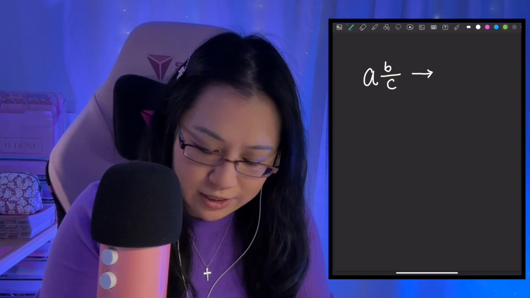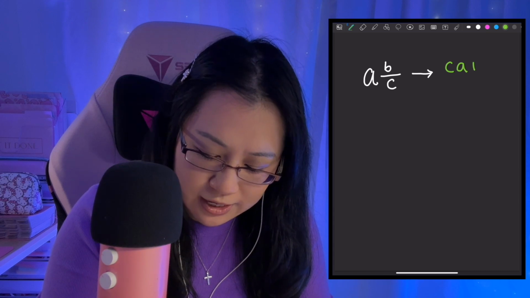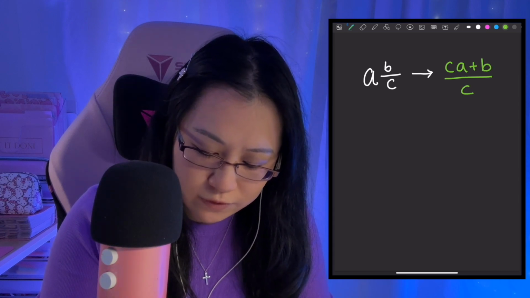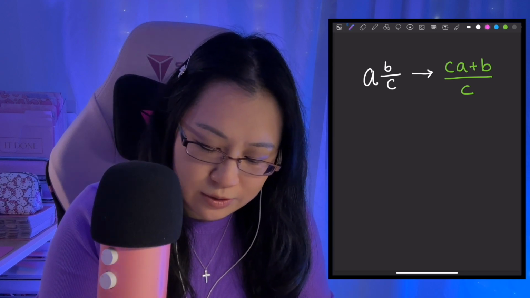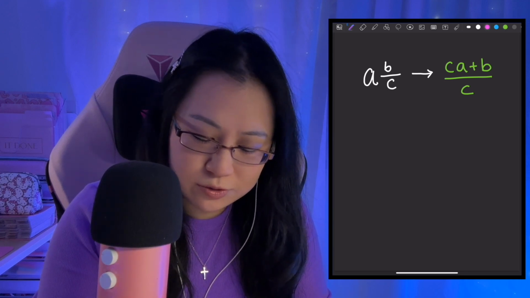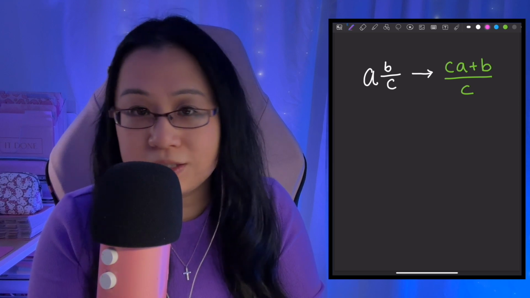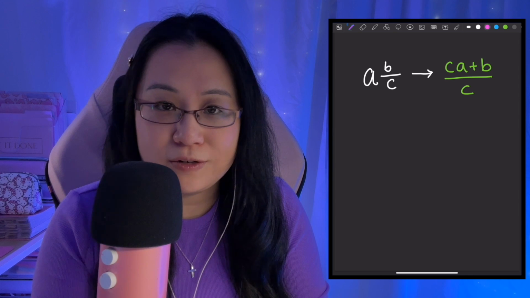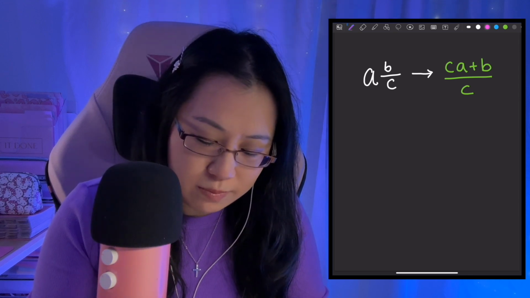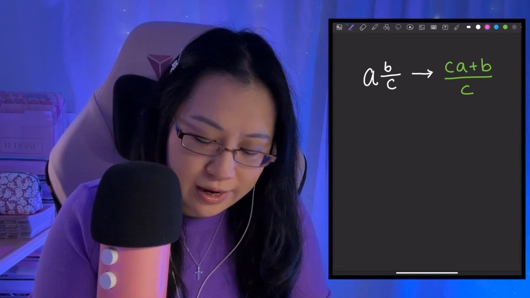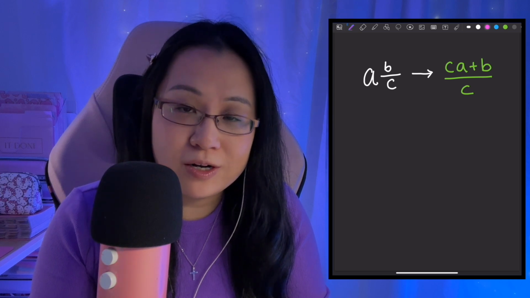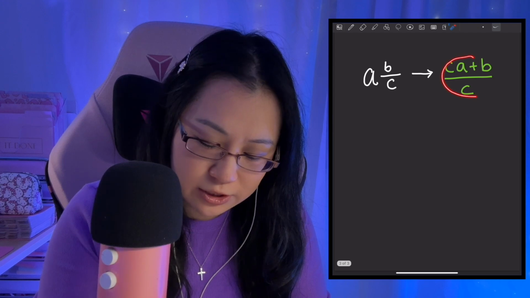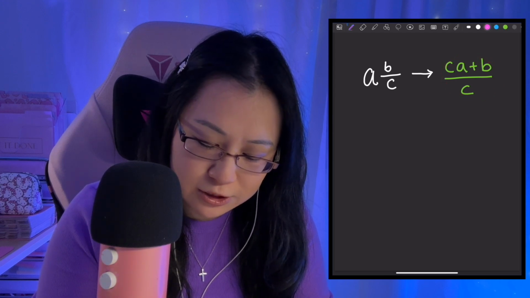So if I were to write that out, it's C times A plus B, and then you put that whole thing over C. Now usually you are introduced to this idea of mixed numbers and improper fractions more in the context of arithmetic, so you probably haven't learned algebra at that point, so this notation might not make as much sense.